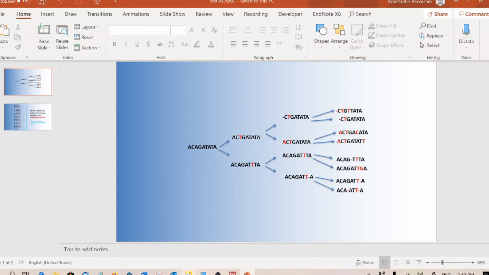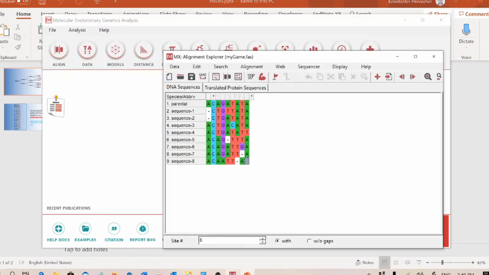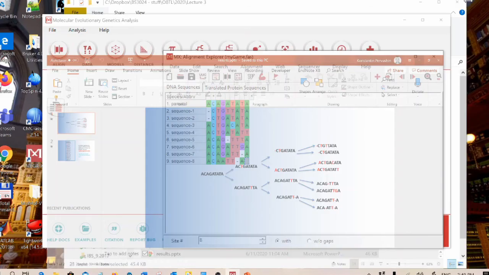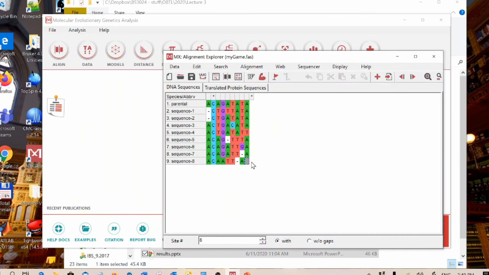So let me pull up MEGA again with the sequences which we have just considered. And then I would like to comment on these missing gaps in the sequence, which is quite an important aspect here.